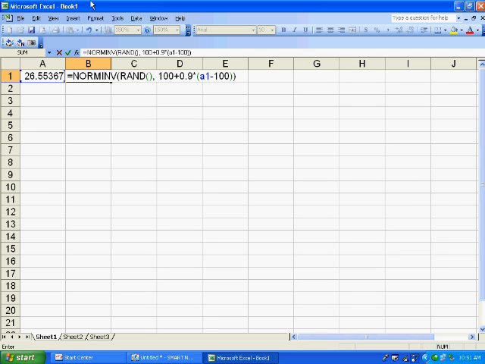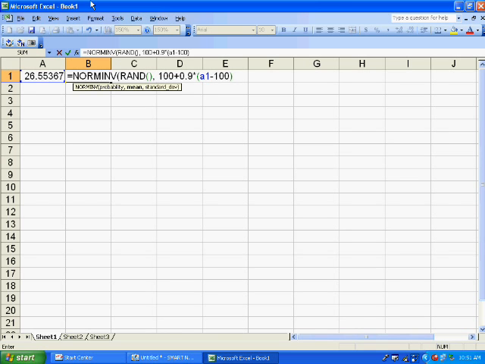Okay? So if A1 is large, the mean is going to be large. If A1 is small, notice the mean is going to tend to be small. If A1 is right at 100, then the mean is going to be 100.